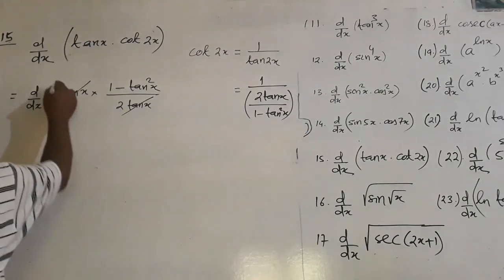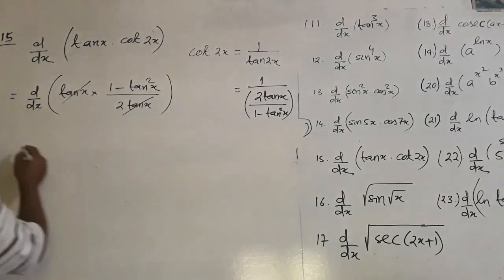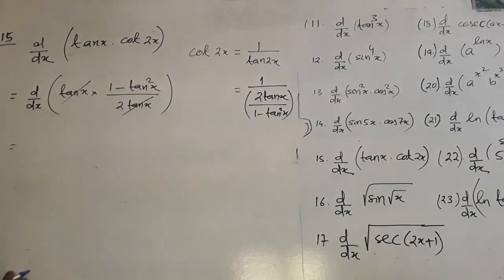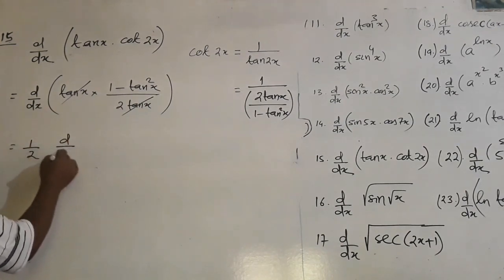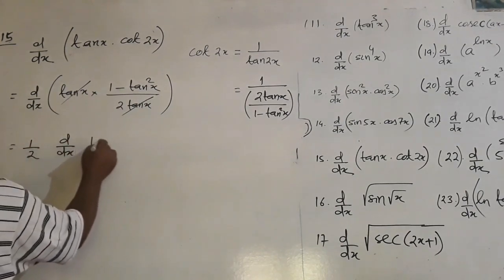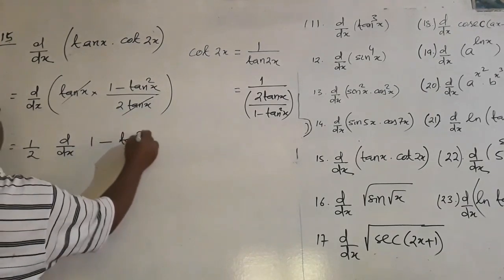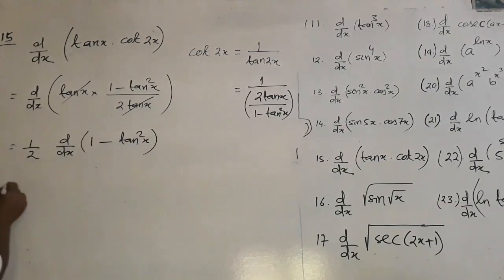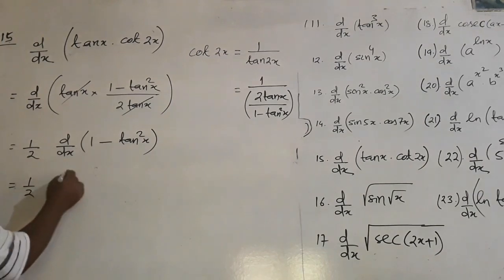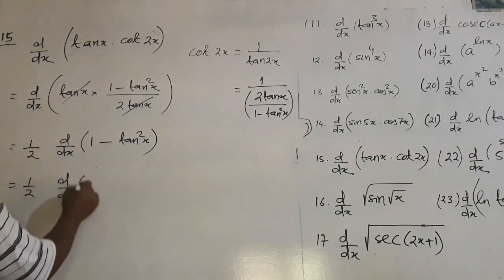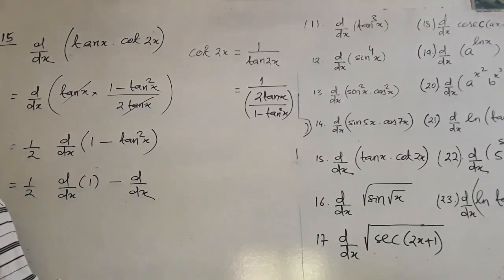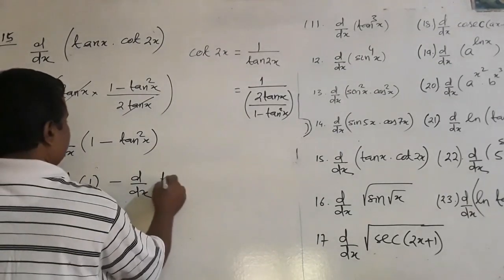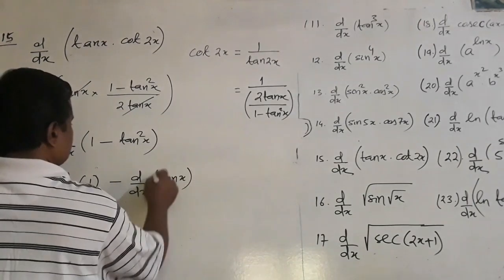So cancelling this part, what will happen? Now 2 is in the denominator, take it outside: 1 by 2 d by dx of 1 minus d by dx of tan square x, and you know it is tan x whole square.